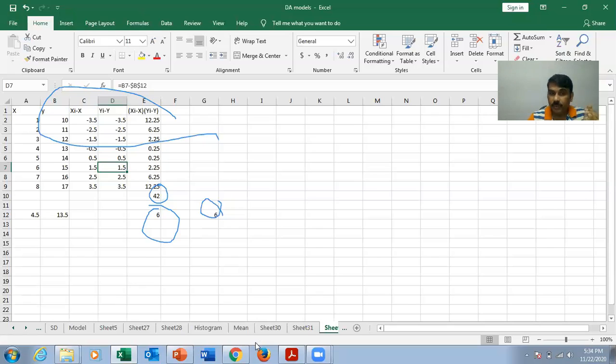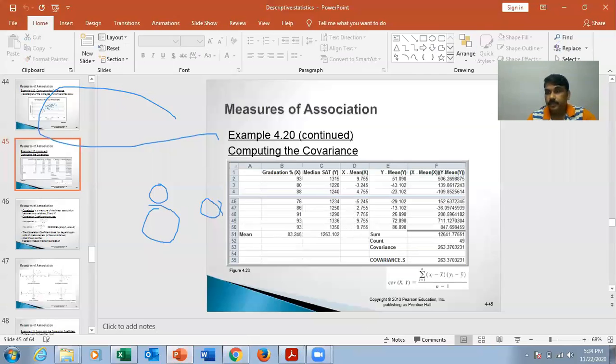The formula is here on your screen right now. Covariance of the xy series is the summation of xi minus mu x, that is for population, and that is for sample. Here capital N, here n minus 1, right?